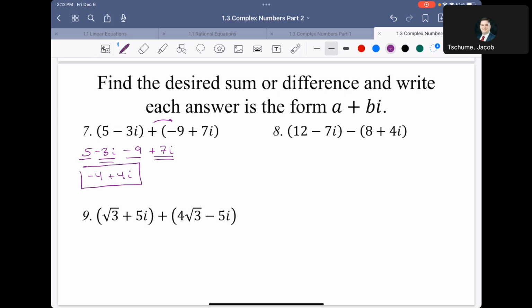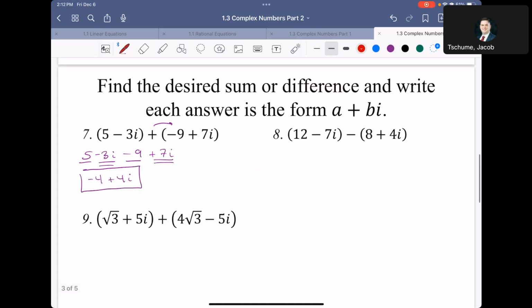For number 8, what if you have 12 minus 7i minus 8 plus 4i? The only difference here is that you're subtracting them. And so that means when you multiply that negative through to the second parentheses, it will change some of your values. You're going to have 12 minus 7i, and then it becomes -8 and -4i.